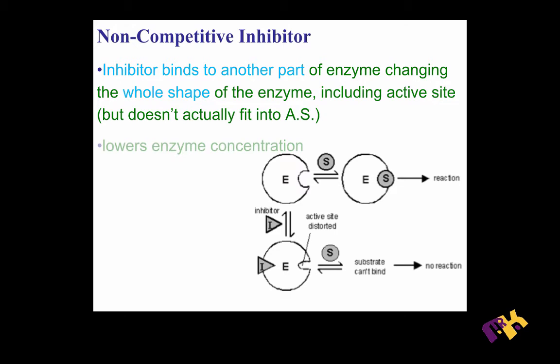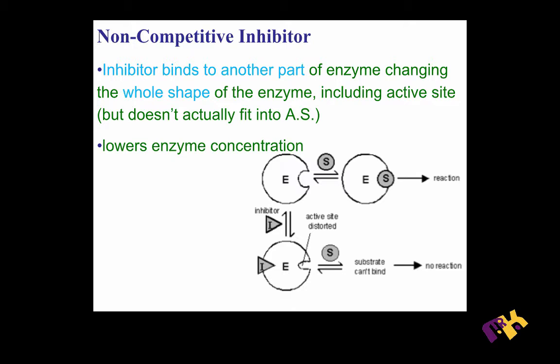A non-competitive inhibitor is a little bit different. We're not going after the active site. We know that the name of the game is form and function. So, a non-competitive inhibitor will bind to someplace else on the enzyme. And in doing so, it changes its shape and alters the shape of the active site.